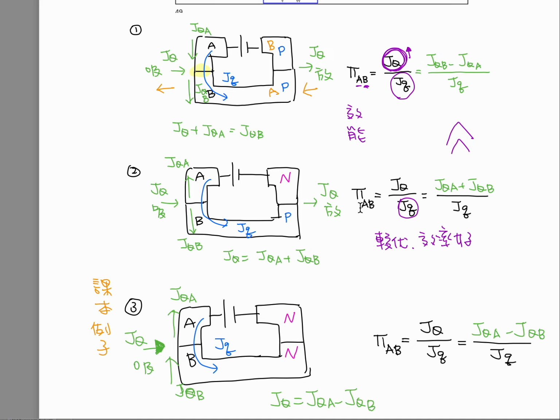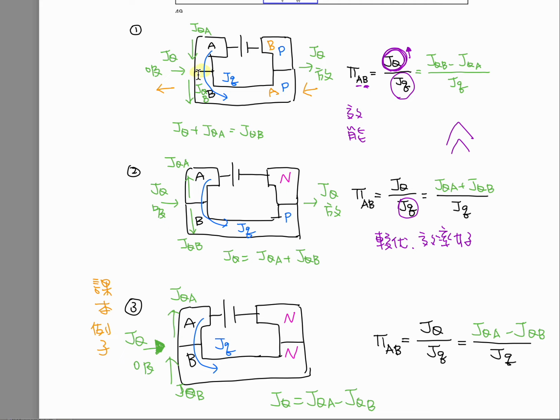But how about PP, some people probably ask? When materials A and B are both p-type materials, the carriers flow along the same direction as the electrical current. So JQA will be this way and JQB will be this way.